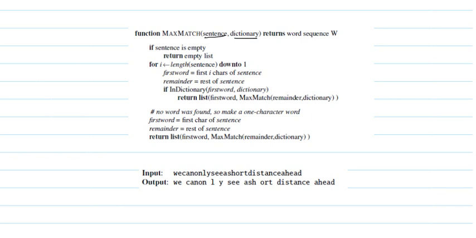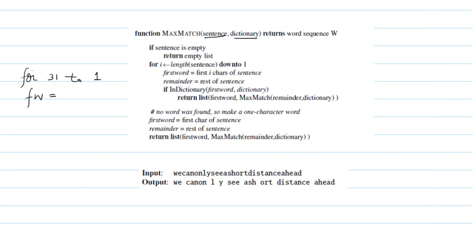Then inside the loop we have, let's count, 1 2 3 4 5 6 7 8 9 10 11 12 13 14 15 16 17 18 19 20 21 22 23 24 25 26 27 28 29 30 31. Alright, so we take a loop from 31 to 1, and then I say the first word is the first I characters of the sentence.